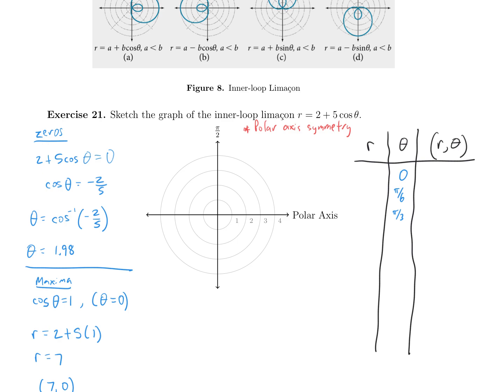So I'm going to give us a lot of values here. Pi over 2, 2/3 pi. The more the better, actually. 5/6 pi, pi, 7/6 pi is a good one. We're just continuing to increase our angle.